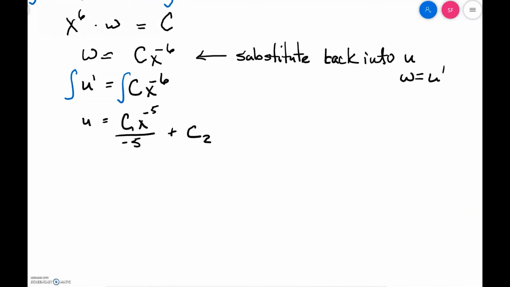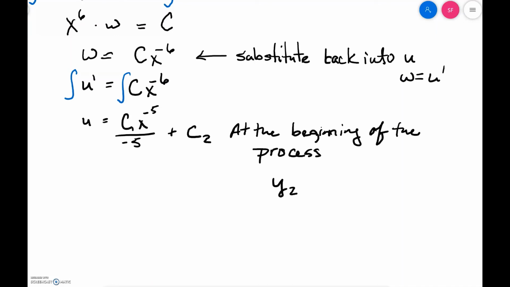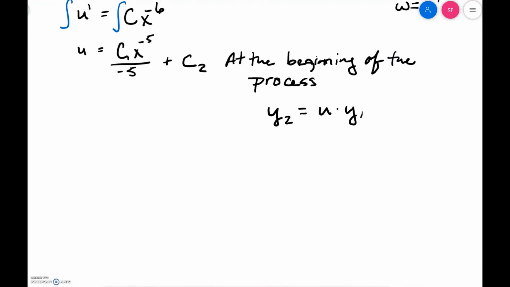Okay, but at the beginning of this whole process, we said that the second answer was this u times the first answer. So for us in this particular problem, that means our second answer has to be this u value that we just found.